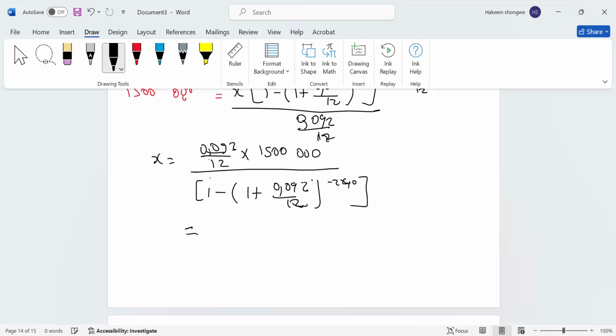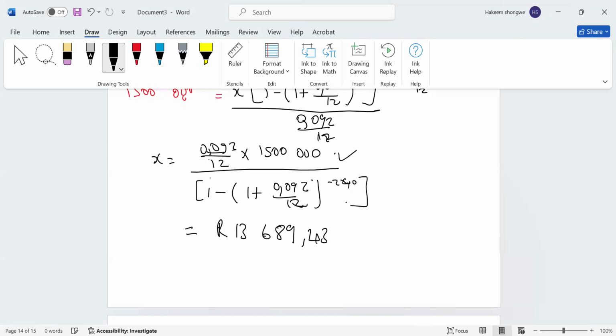Then we type this into our calculator exactly the way it is. What did we get as our answer? 13,689.43. The other marks are going to be here and here.